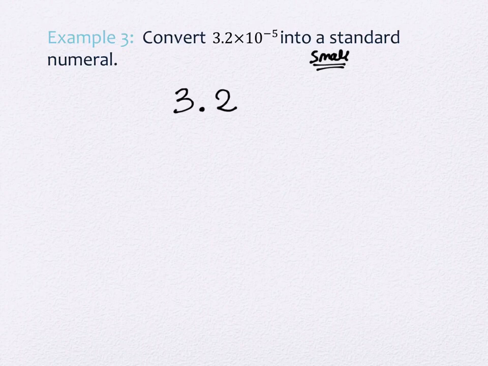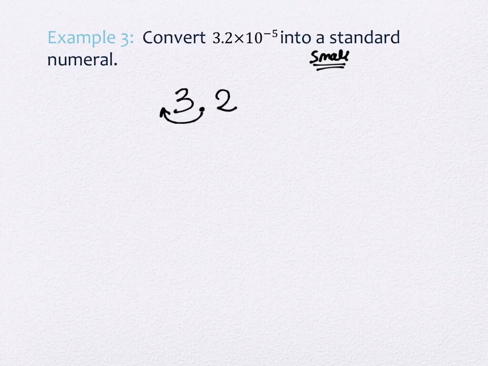The left. Okay, so if I moved it to the right, like this, it would make a number that's 32. That's bigger than 10. That's why I don't want to do that one. So I want to move the decimal to the left. This is one place, and I'm supposed to be moving it how many? 5.